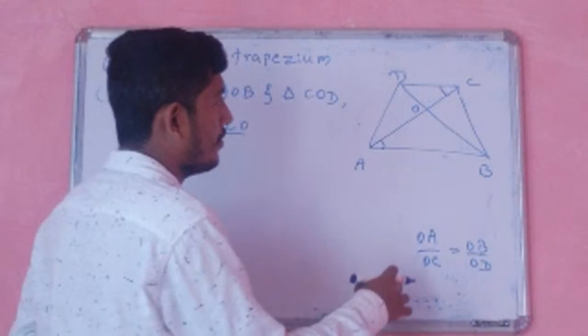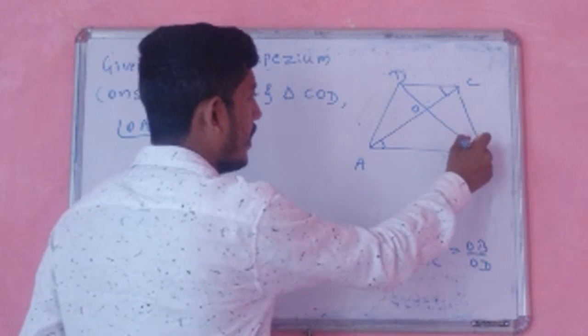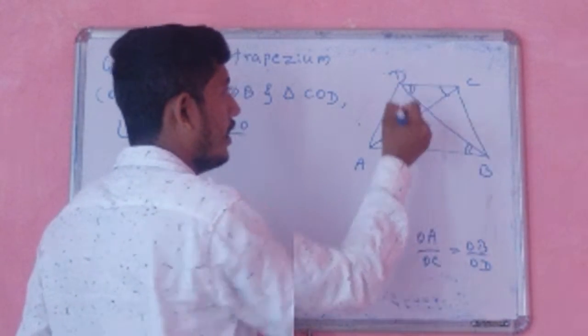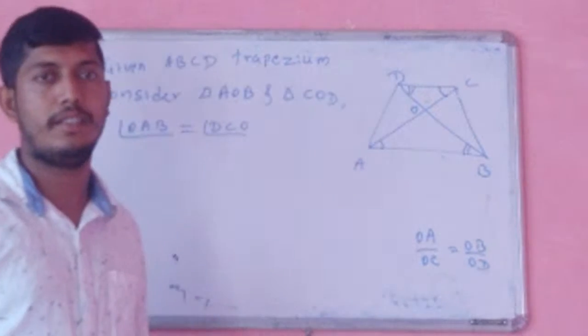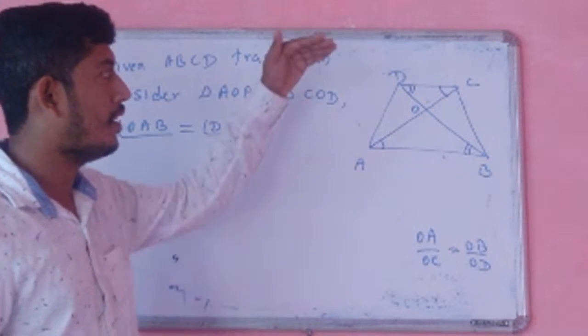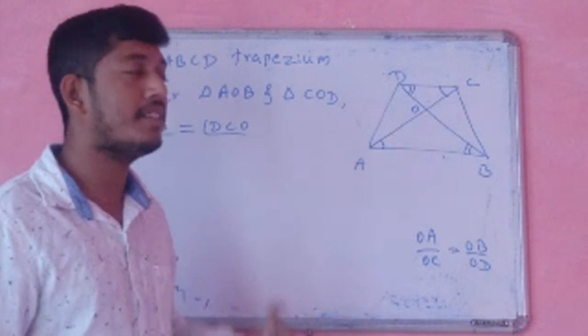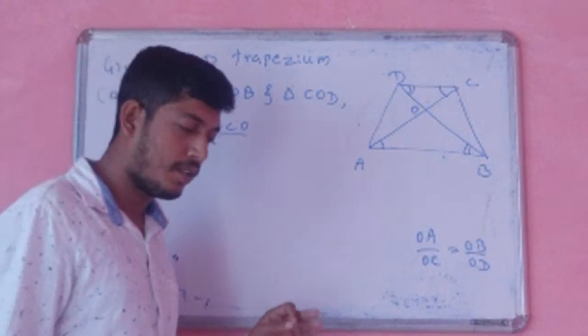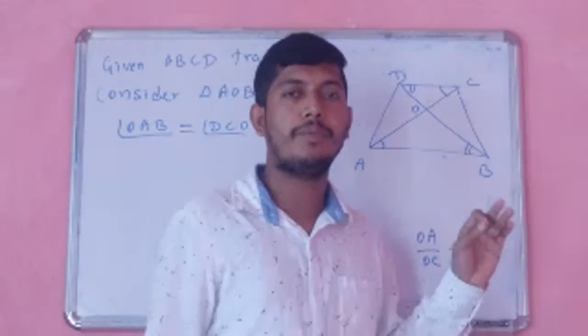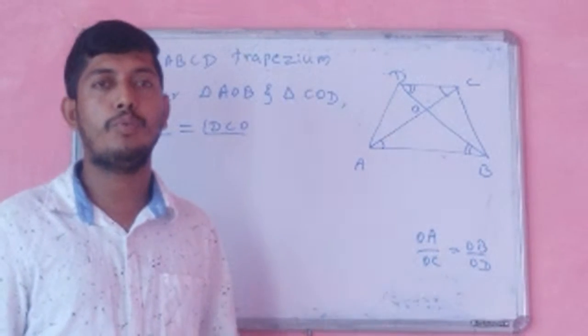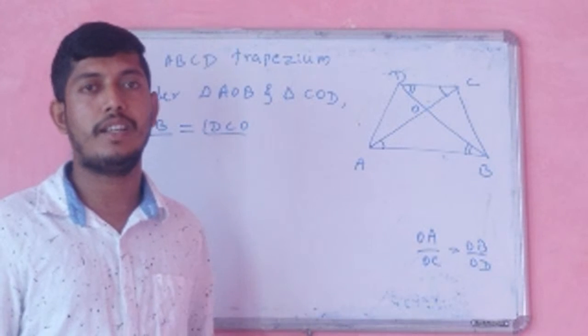So similarly, I will consider angle B and angle D. They are also alternate angles. In this case, AB and CD are two parallel lines and BD is a transversal, and according to that we know that if a transversal cuts two parallel lines, then the alternate angles are equal to each other.